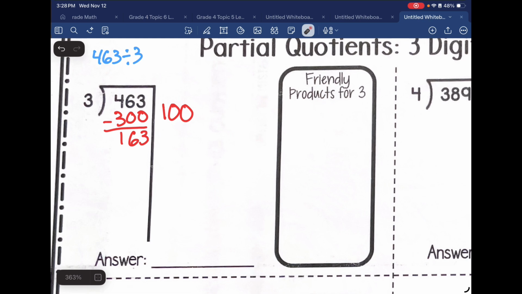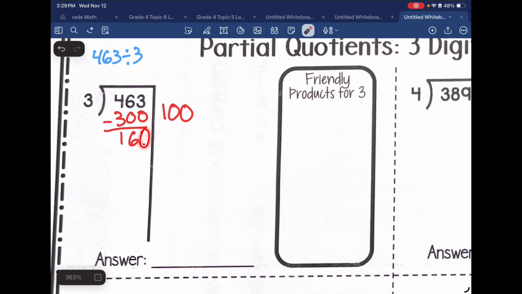What I tell students is, we're going to do the same thing with this number that we just did with our divisor. So 3 times what can get me something close to 163? Here's what I do. I block out that 3, and we're just going to look at the tens and hundreds here. So 16. I can get close to 16 by saying 3 times 5.